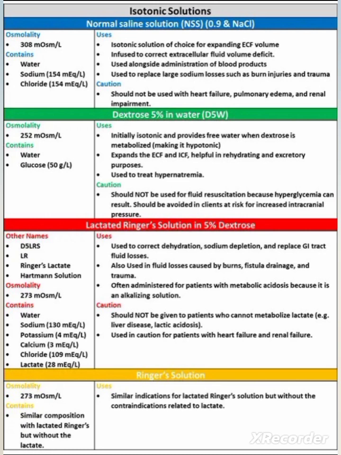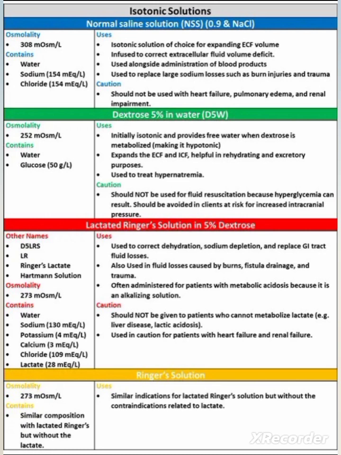The main caution is that it should not be used for fluid resuscitation because of hyperglycemia, and it should be avoided in clients at risk of increased intracranial pressure. So that's regarding dextrose 5% in water.